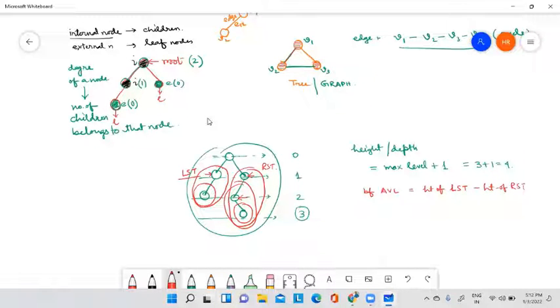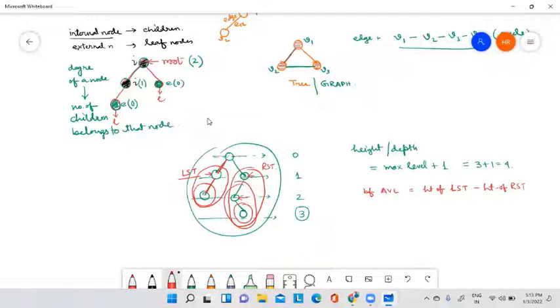Now there is another thing called a path. Path means from any particular node to another node, the path is like this. There is also a branch. A branch means starting from the root node to the leaf node.